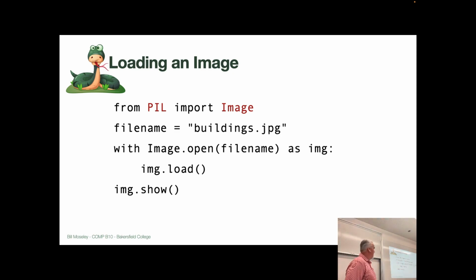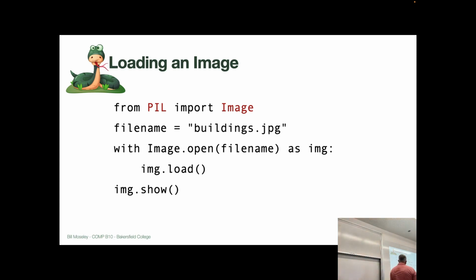The file name is defined as a string. It could be a path, not just the file name. But if you want to keep it easy on yourself, just put your image file in the same folder as your Python script and put the file name in a string.